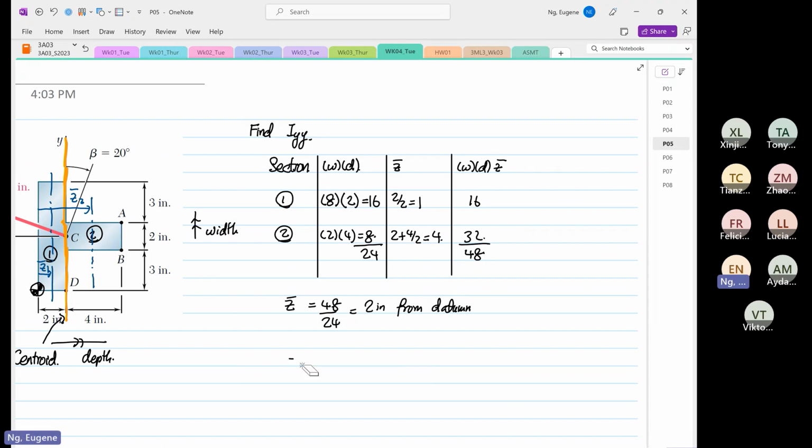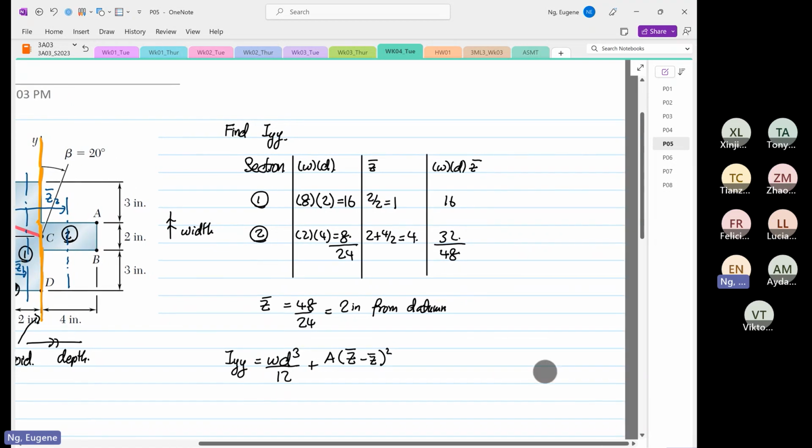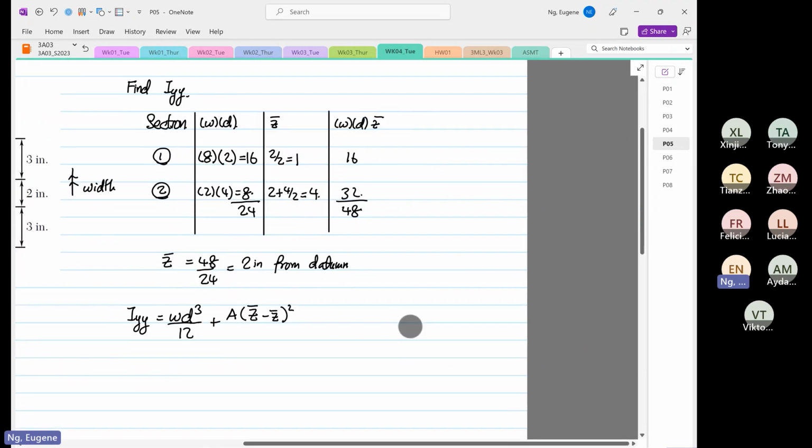So before I do that, IYY is equal to width times depth cubed over 12 plus area times the bracket capital Z bar minus small z bar, and then the whole thing squared. Okay. So I'm not going to look at a figure. I'm just going to look at the table.